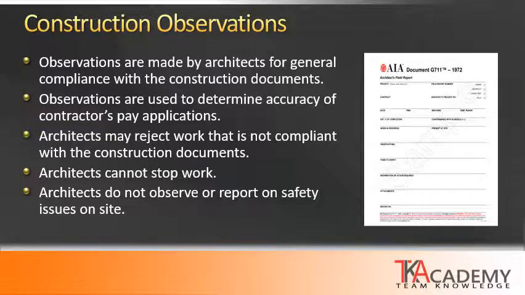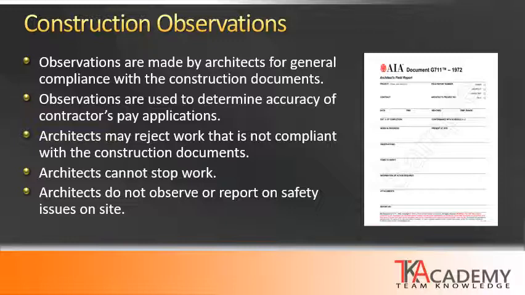For example, if a contractor puts in their pay application pay request for 50% of masonry work, an architect should have been on site to observe whether or not 50% of the masonry work has actually been performed or not. As indicated earlier, architects may reject work that is non-compliant with construction documents.